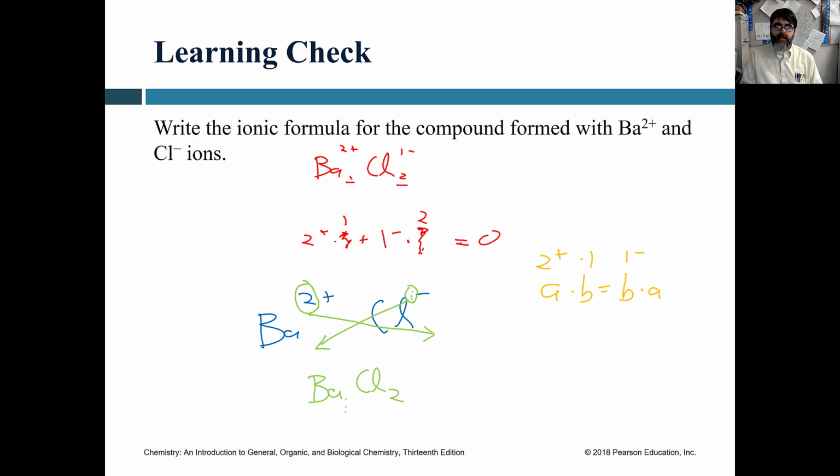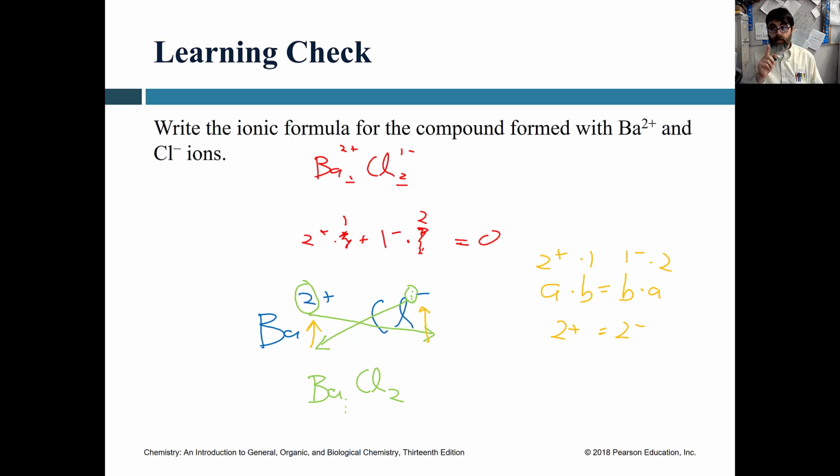If we multiply this one by 1 and this one by 2, we end up with a 2+ and a 2-, and then numerically they are equal. Of course, sign-wise they're not, which is why I told you I think of this in terms of absolute values. But we're just taking advantage of that: if I multiply chlorine by the charge on barium, and I multiply barium by the charge on chlorine, I'll get the right formula.